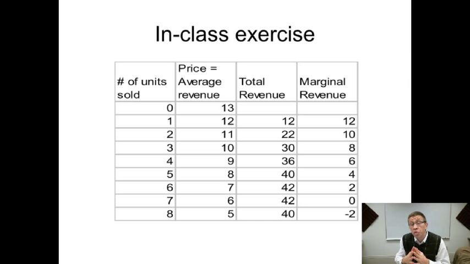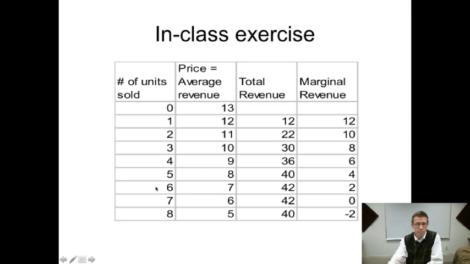So as far as what the right output for this firm to sell, the answer, right now we don't know, because costs aren't factored into the equation yet. Right now we're only looking at revenues. We know what maximizes total revenue, which is selling 6 or 7 units, but we don't have anything for costs. So right now we can't tell you what the right number of output for this firm to sell is.